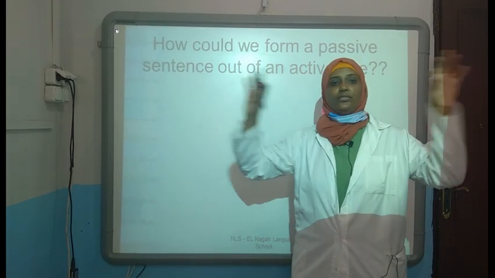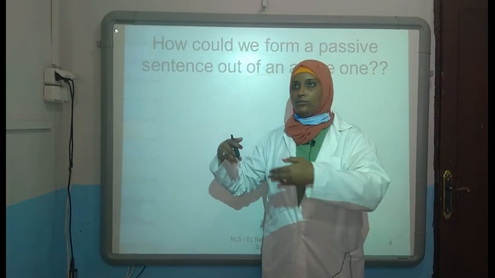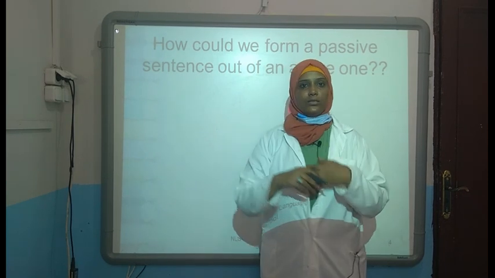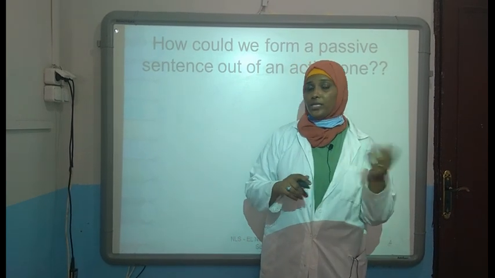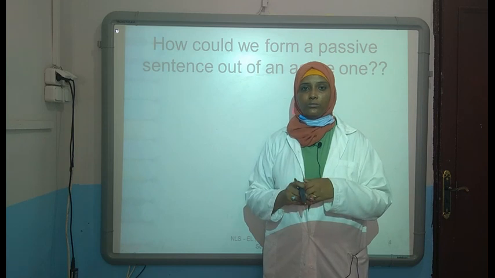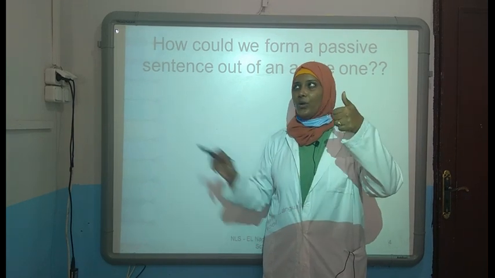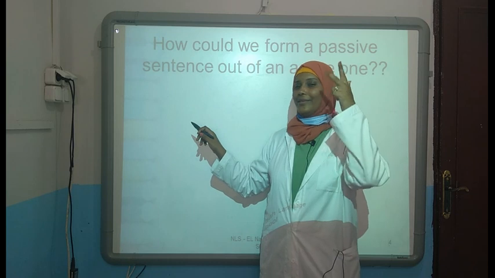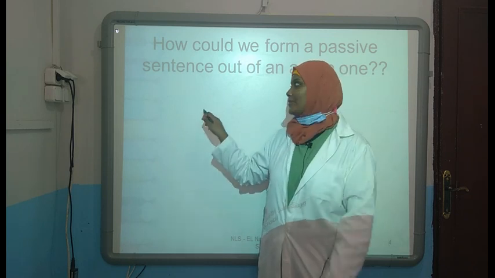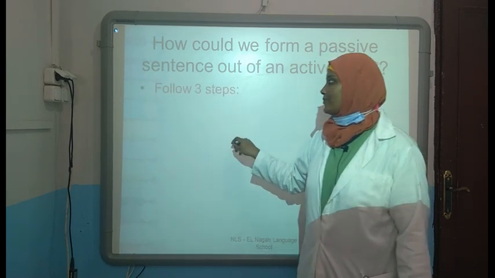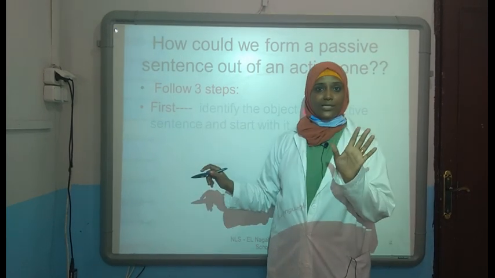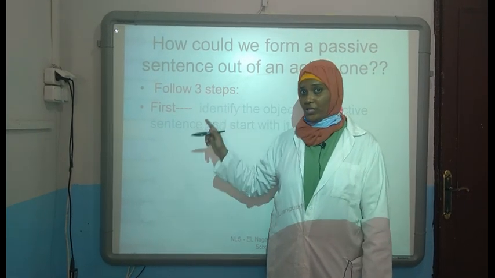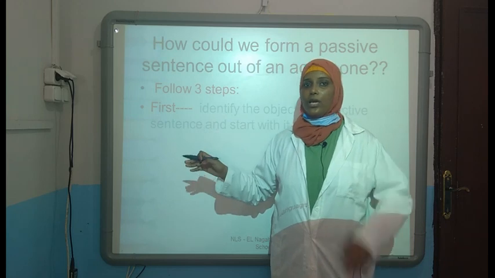If we have an active sentence, I explained the lesson, how can we form it into a passive one? Just follow 3 steps. The first one is IS: identify the object in the active sentence and start with it.